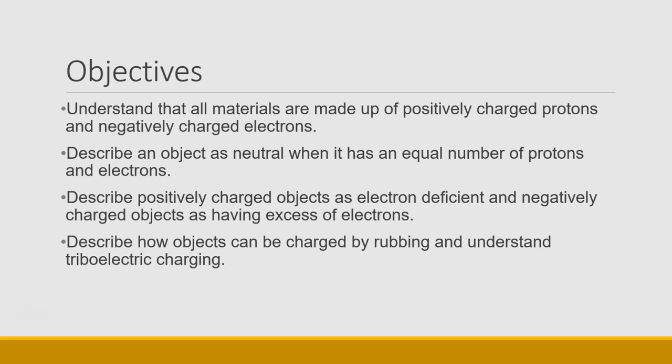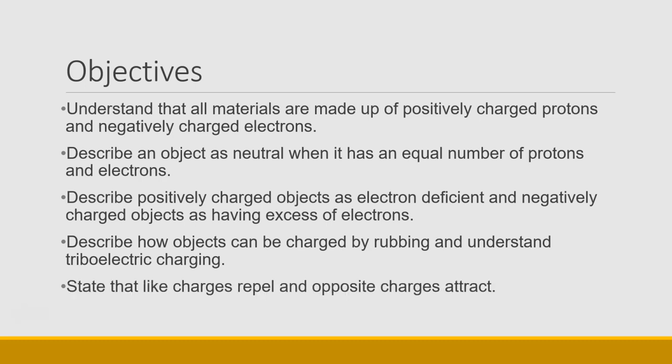We will describe how objects can be charged by rubbing, and will understand tribo-electric charging. We will state that like charges repel and opposite charges attract. We will also state the principle of conservation of charge.